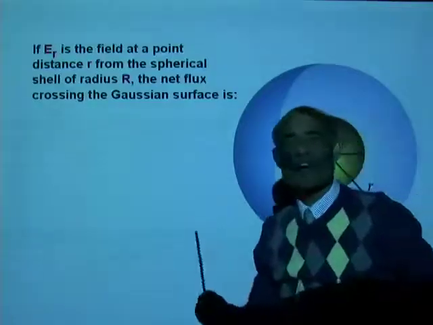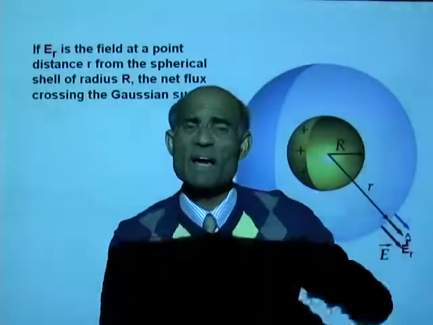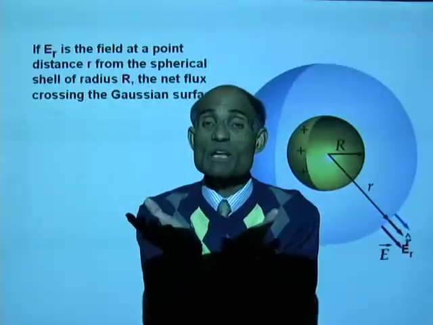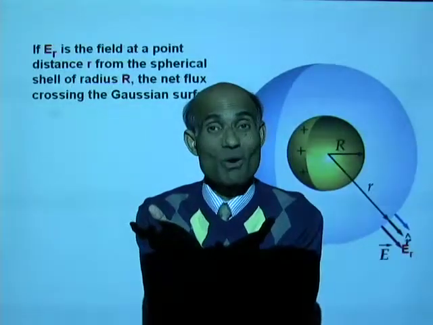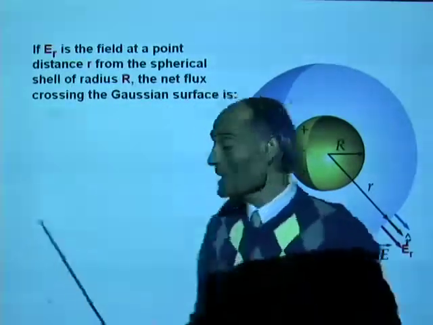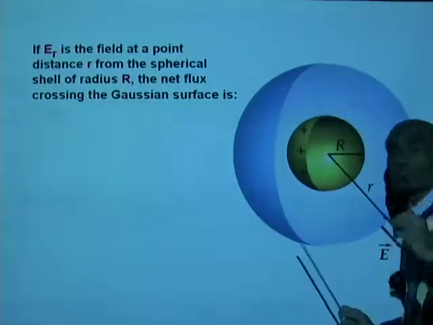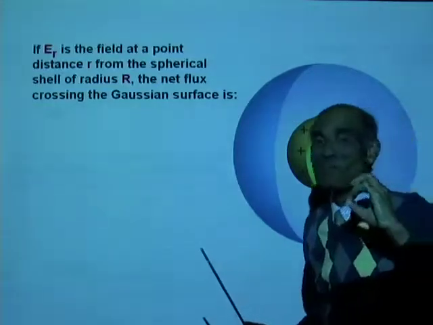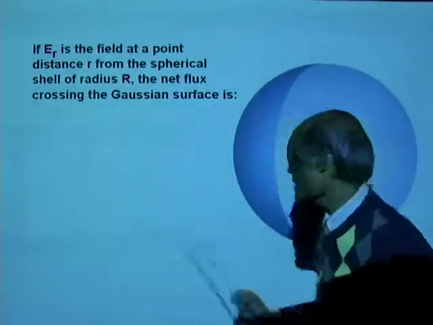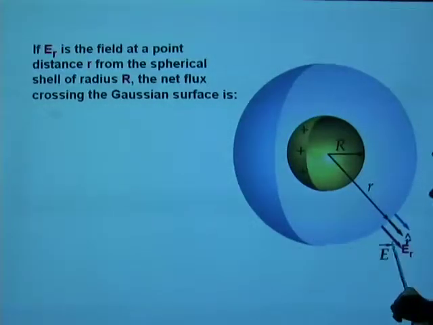What is the area of such a sphere, a spherical shell? What is the area of a sphere? It is 4 pi r squared. So if E is the electric field, the flux per unit area is E sub r.